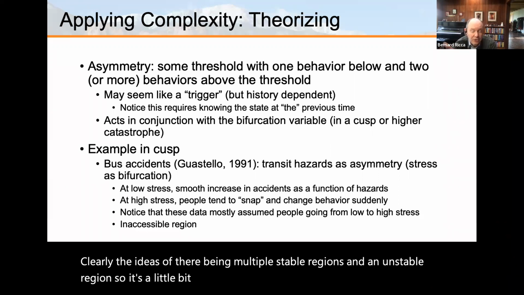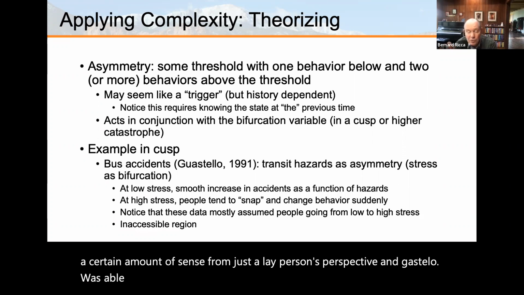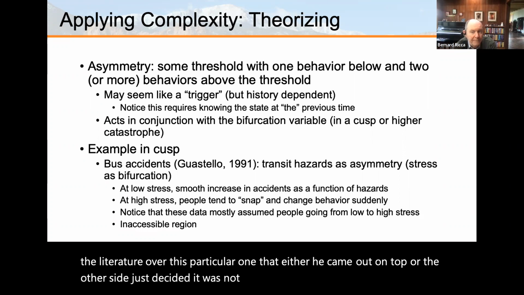But still, there was a certain amount. This makes a certain amount of sense from just a layperson's perspective. And Guastello was able to back some of this stuff up. There was a little back and forth in the literature over this particular one that either he came out on top or the other side just decided it was not worth their time and they moved on. You can interpret it whichever way you choose.